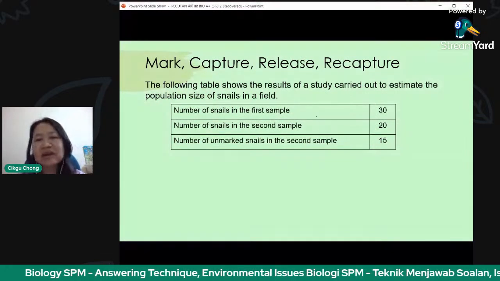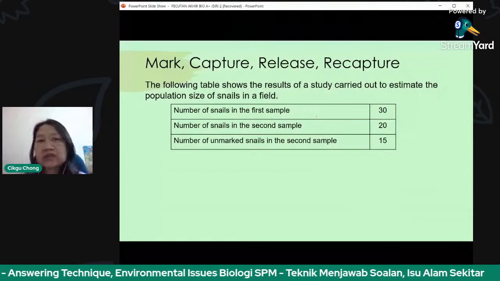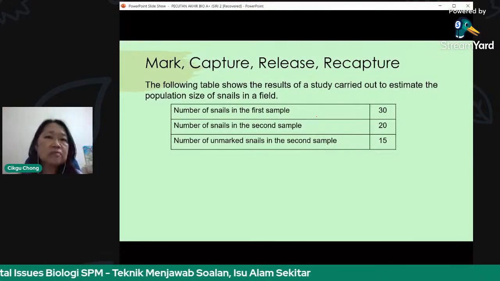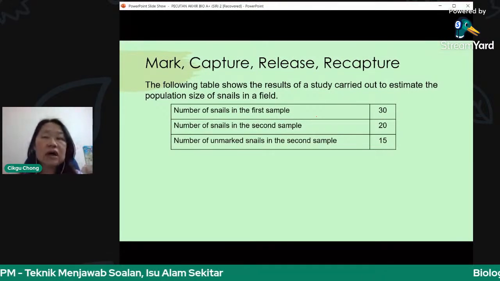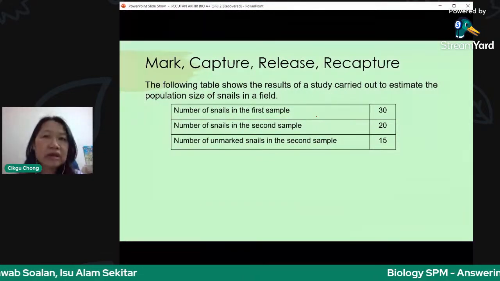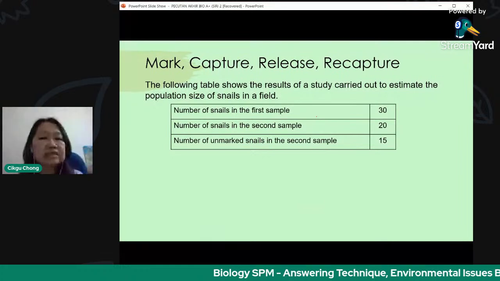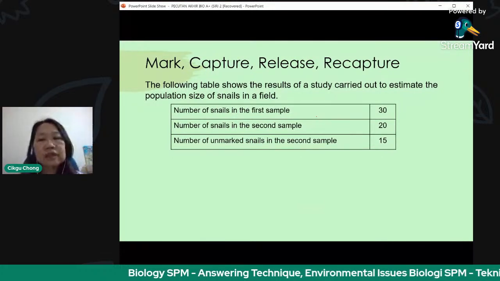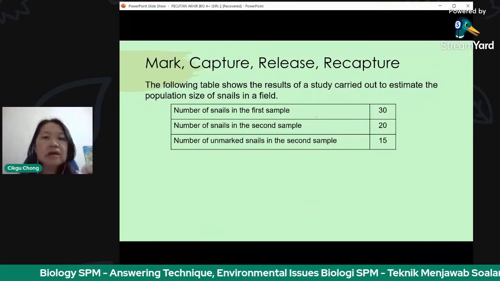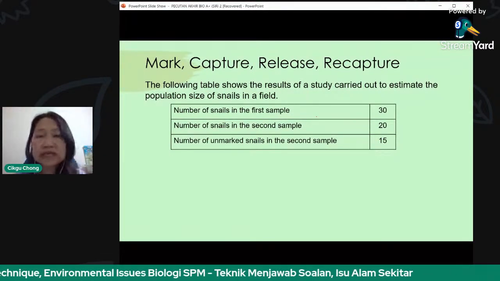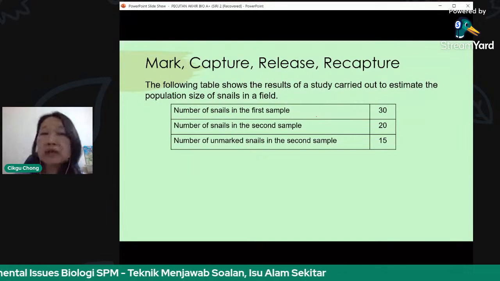Okay, so make sure it's waterproof, does not harm the animal, and it's not so bright until it can be seen by the animal's predator, and that is going to make it easy to be killed off. The number will become less. Okay, so make sure you have certain criteria for your marking. Okay, then you release. After you mark your 30, you must let it go immediately. All right, let it go and let it mingle with the others in their habitat.